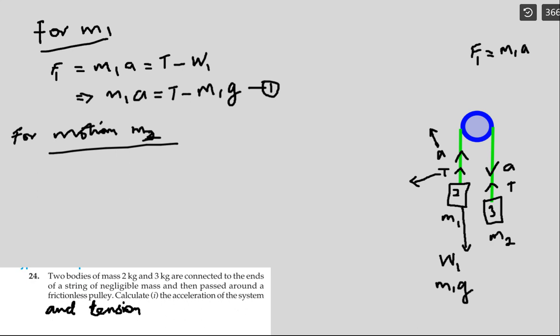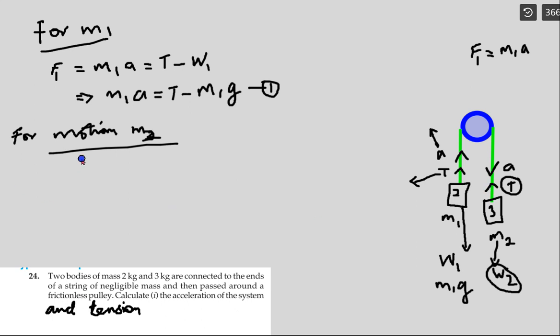The weight of a body always acts downward. We have two forces: the first is the weight, and the second is the tension. They act in opposite directions, but the real motion of this mass m2 is downward. That means the weight is greater than the tension of the string.